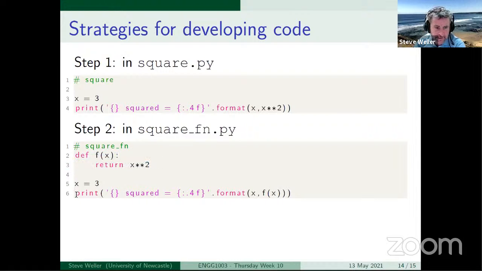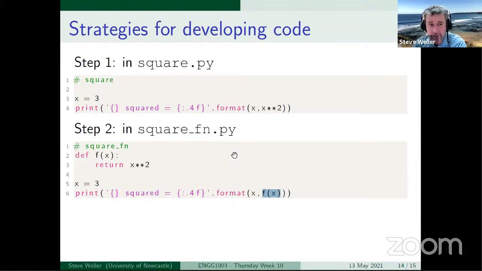So line 6 needs to change a bit. This is the test code for implementing a square function as a function. And here, instead of the second argument to the format function being x squared, here the second argument is our Python function.